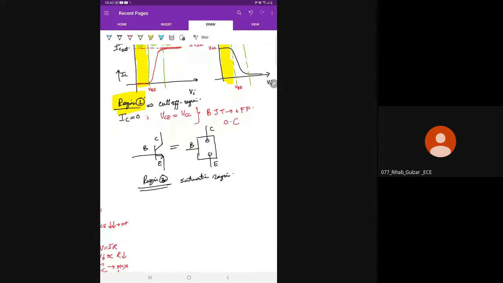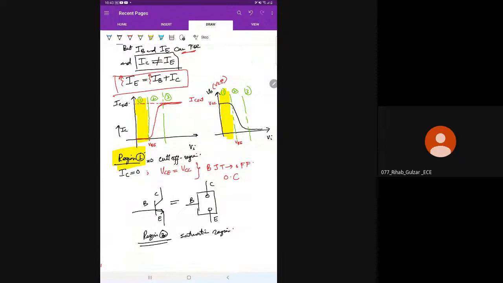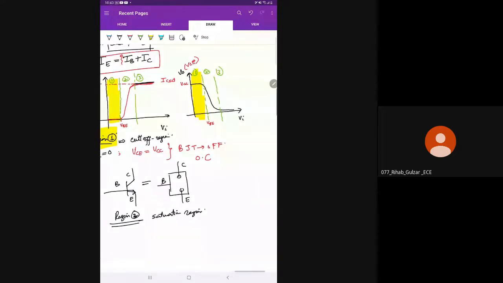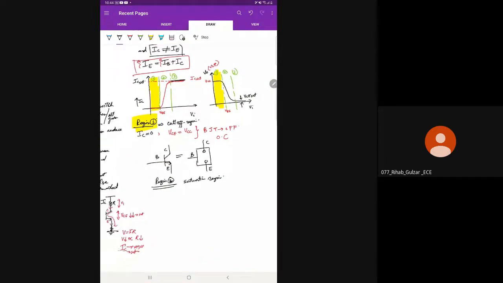In region 3, it is a saturation region. IC has reached the saturation level, while VCE has reached its minimum value, which is VCE saturation. So IC has reached its maximum value and VCE has reached its minimum value, the saturation values.